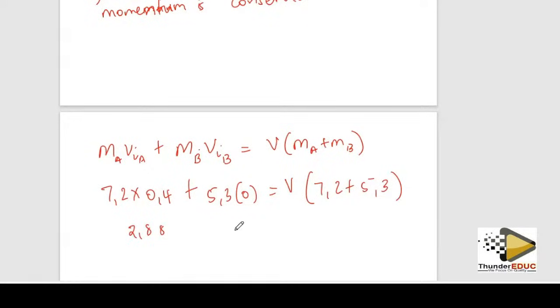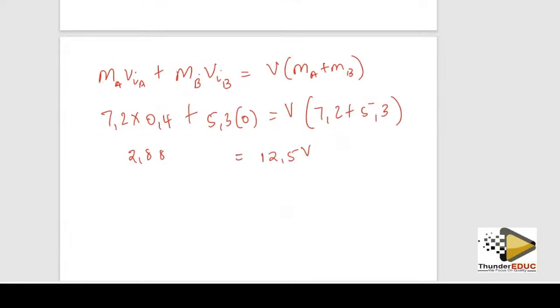We know this is a 0, so on my left I'll have 2.88, and then 7.2 plus 5.3, that's 12.5 times the velocity. And I'll divide both sides by 12.5. So this cancels that. And then my velocity is going to be, what is it?